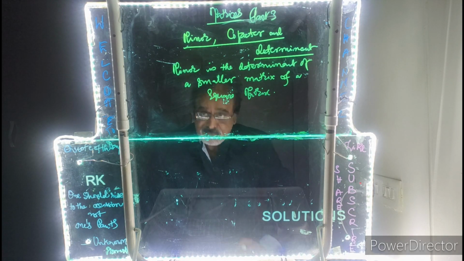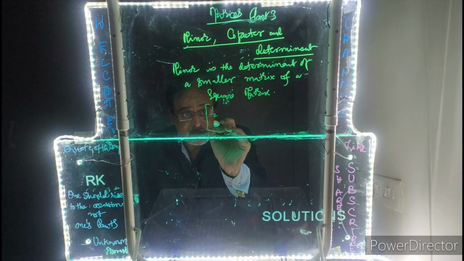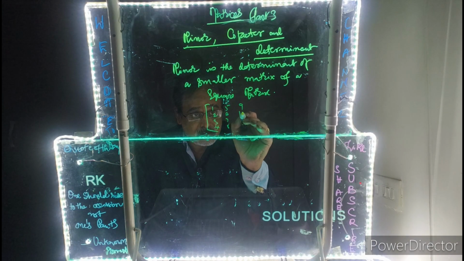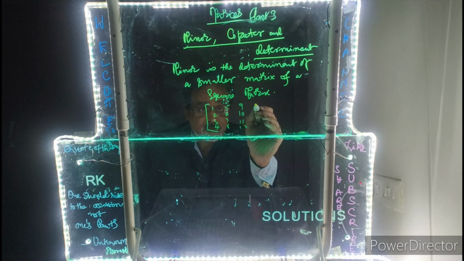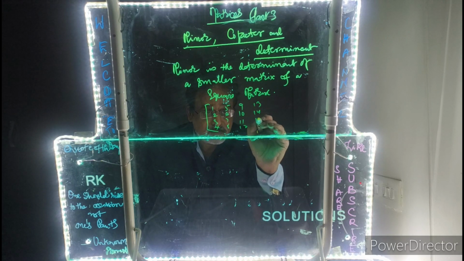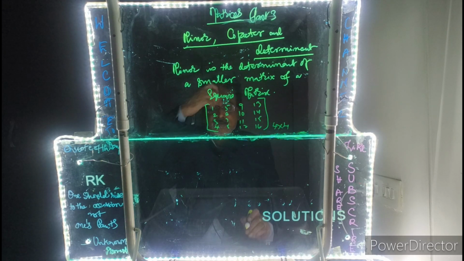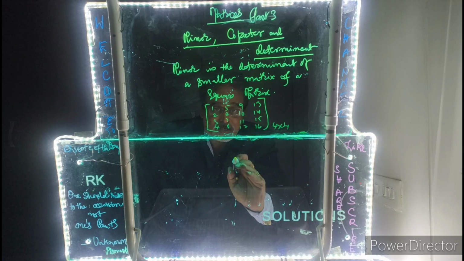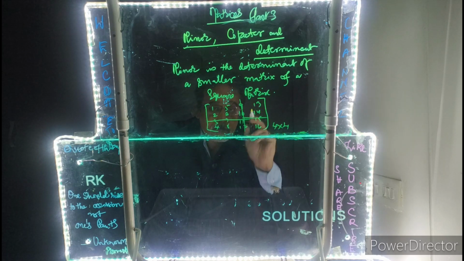In the sense, let's say if you have a matrix like 1, 2, 3, 4, 5, 6, 7, 8, 9, 10, 11, 12, 13, 14, 15, 16. This is a 4 by 4 matrix. From this square matrix, you can remove any row and column.